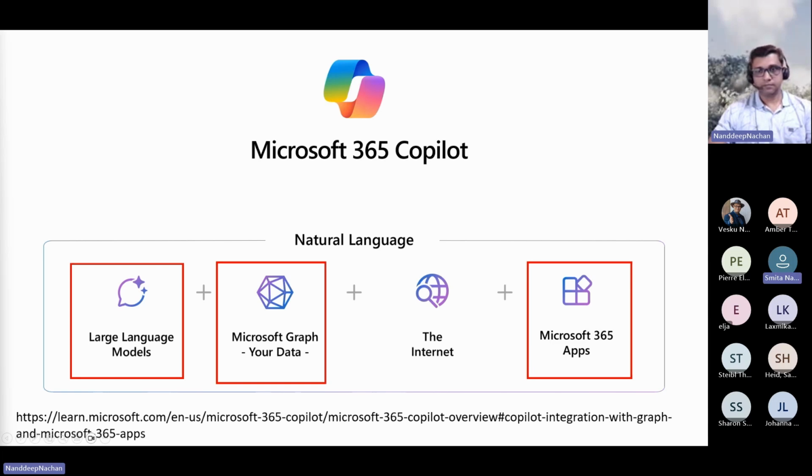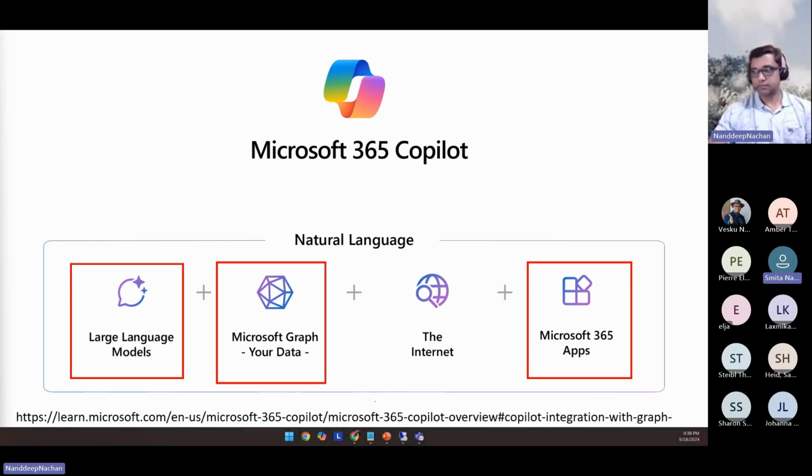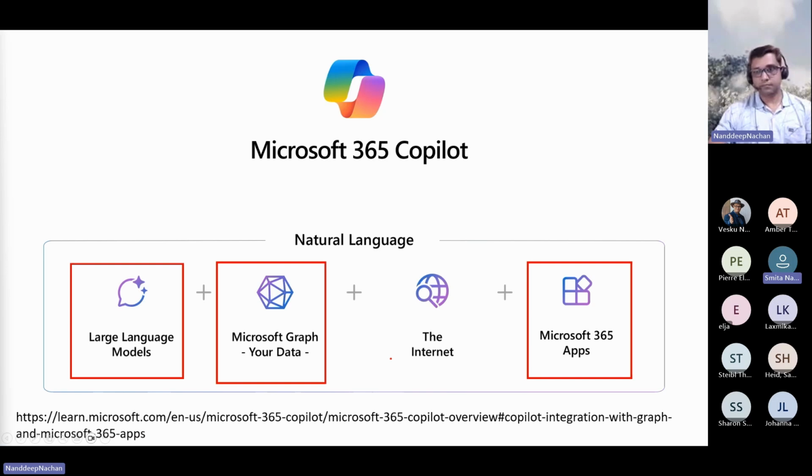Copilot combines the power of large language models with your data in Microsoft 365, not just knowledge from the time when the large language model was trained, but real-time, up-to-date knowledge.